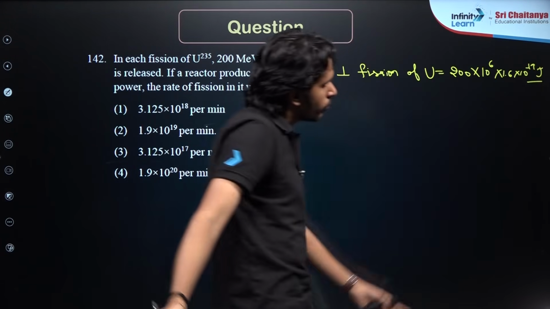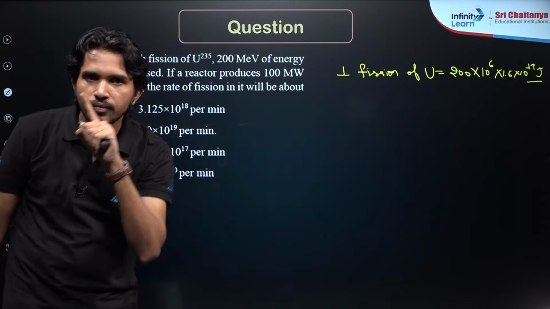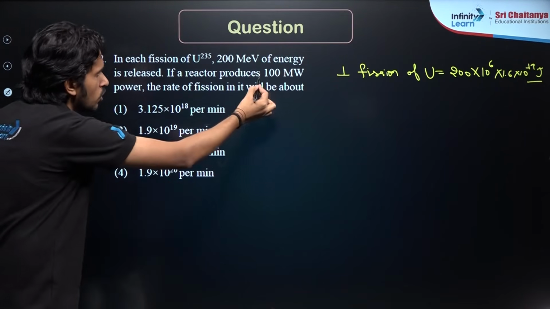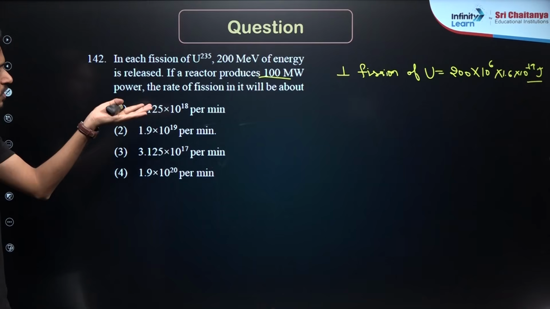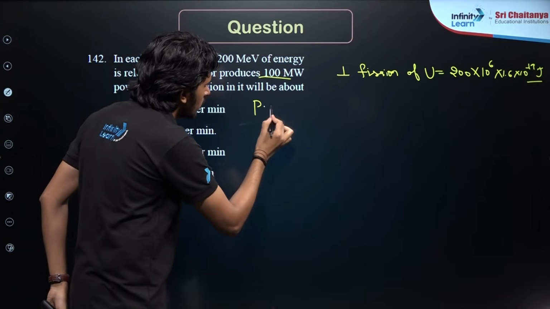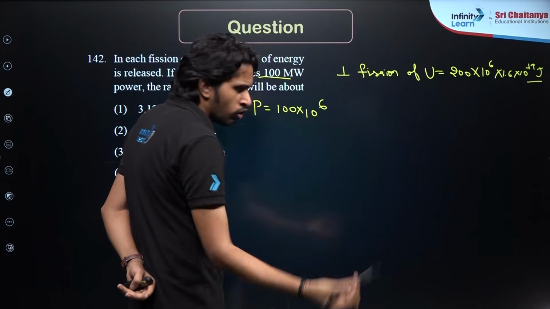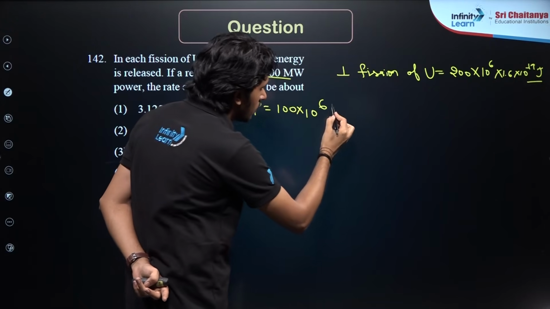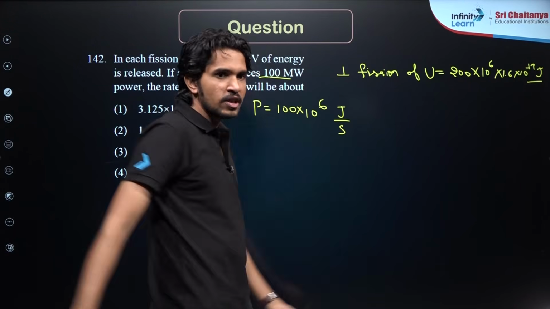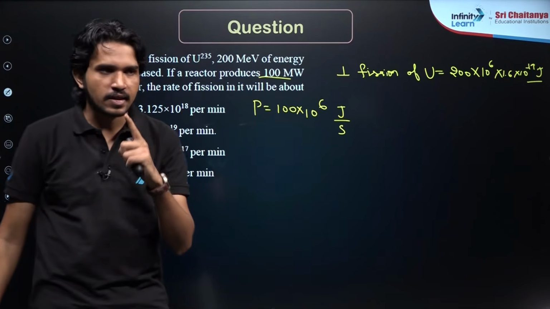This much energy we get from one fission, and the total power of the reactor is how much? Power is 100 megawatts. Watt means joule per second, so that much energy we are getting per second.